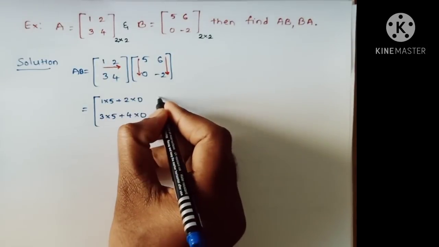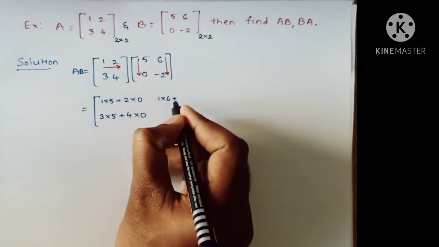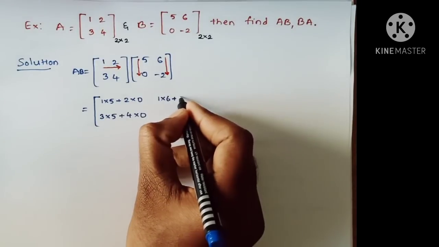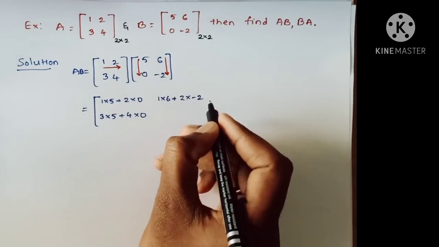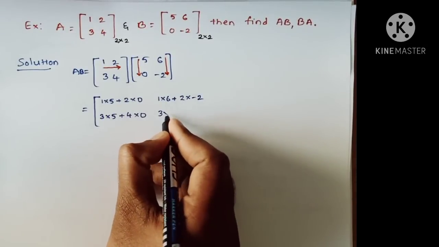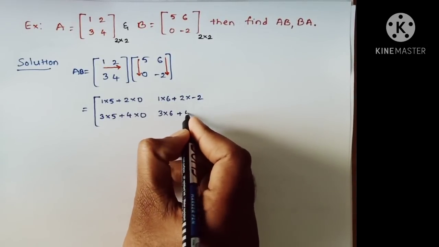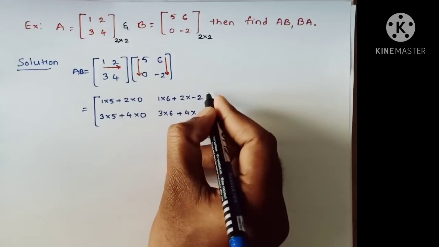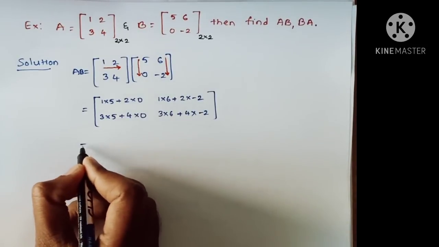Now, 1 into 6 plus 2 into minus 2, and the last element, that is 3 into 6 plus 4 into minus 2.